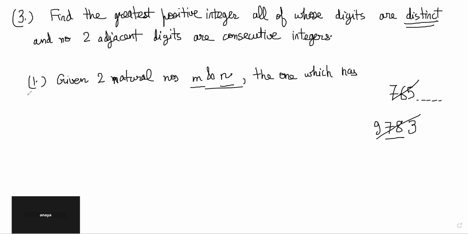And in case they have the same number of digits, if you want to figure out which one is larger, what you have to do is choose the highest digit where they are different, right?